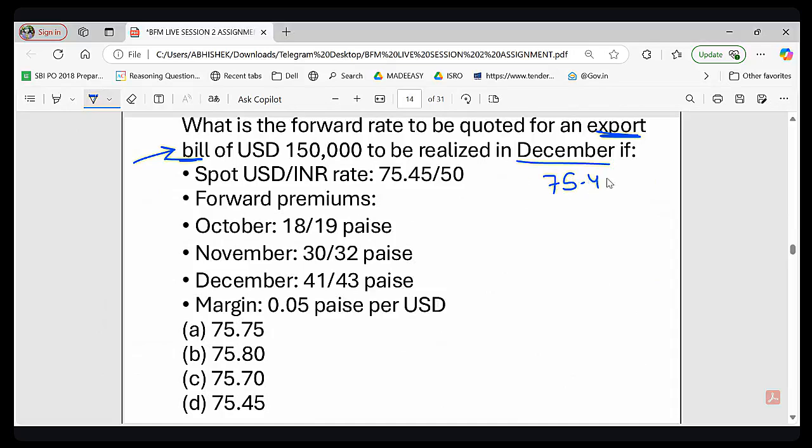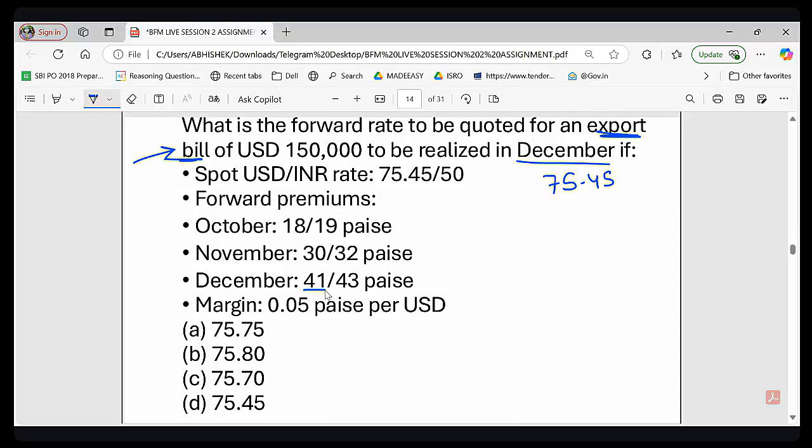Okay. Now, next we need to look at the forward premium for December. You can see clearly written, realized in December. Look at the premium given in the question for October, November and December. Which one should we use?